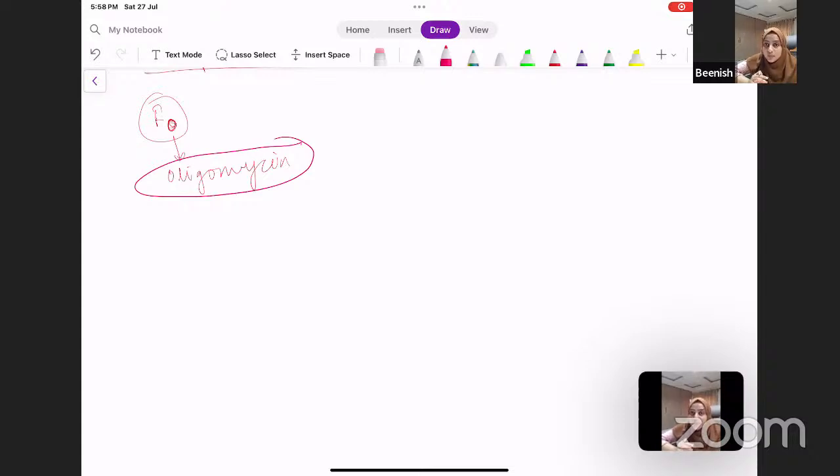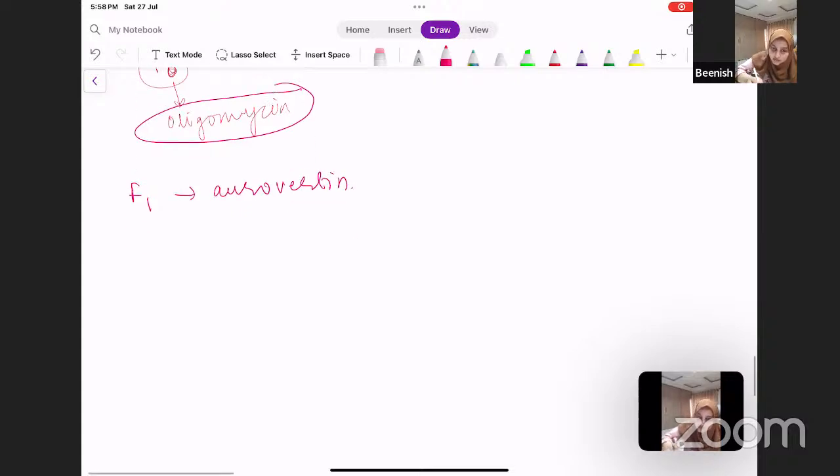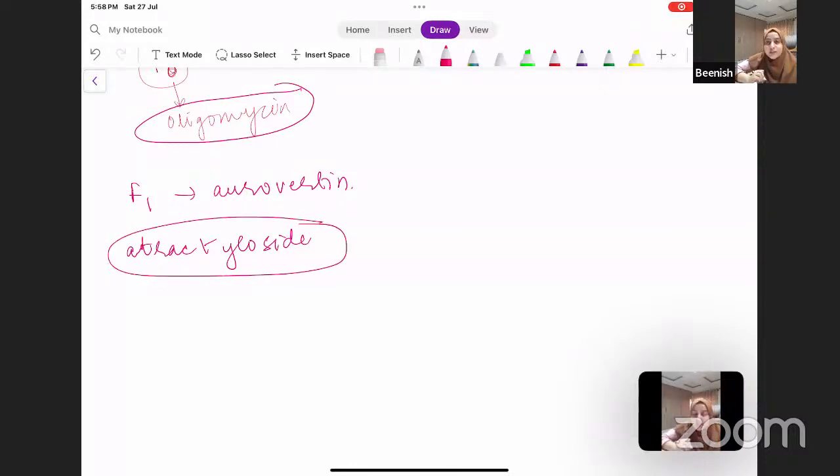It was acting as a proton pump. So your oxidation is going to happen, but your phosphorylation is not going to take place. And your F1 is inhibited by aurovertin. And also there is this inhibitor known as atractyloside. Now, what is atractyloside inhibiting?